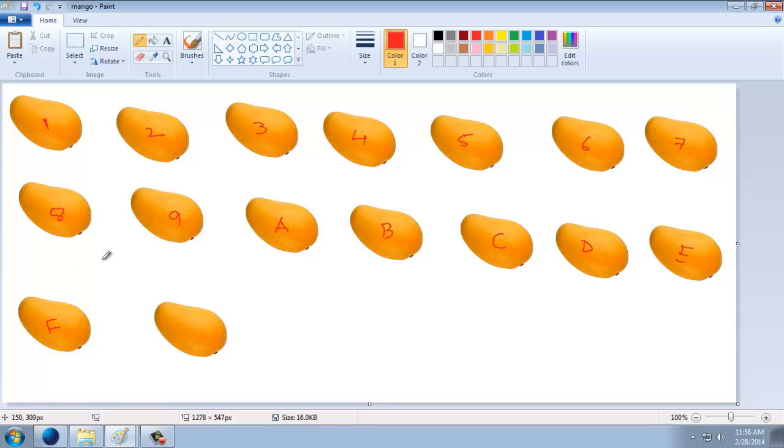So we have F in hexadecimal, which represents the number 15 in decimal. In decimal we never use A, B, C, D, E, F. But in hexadecimal we use A, B, C, D, E, F to represent the numbers 10, 11, 12, 13, 14 and 15. Okay. Now 15 is over.